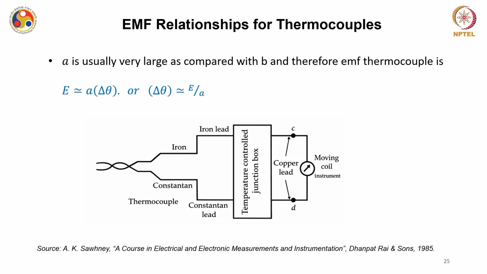A is usually very large compared with B. Therefore, the EMF is equal to A times delta theta if you ignore the value of B and other constants, so delta theta is approximately equal to the EMF voltage divided by the constant A.